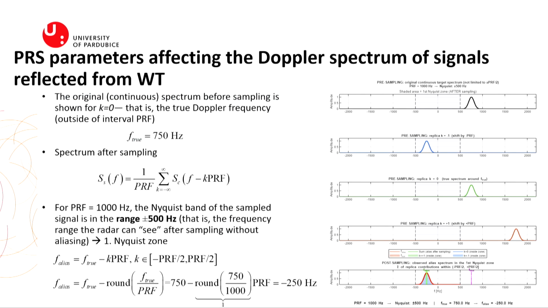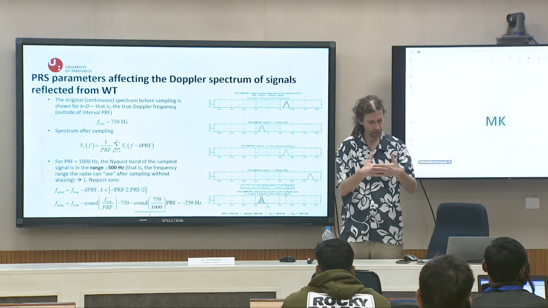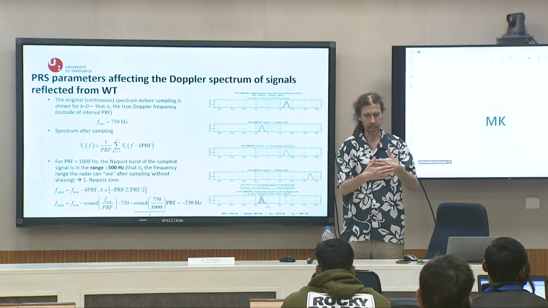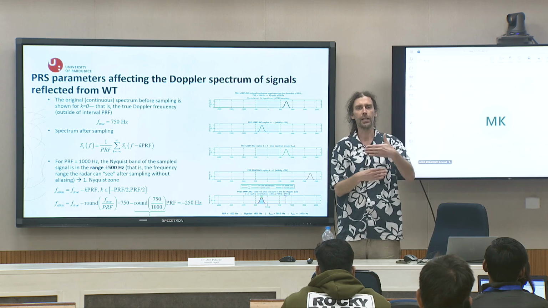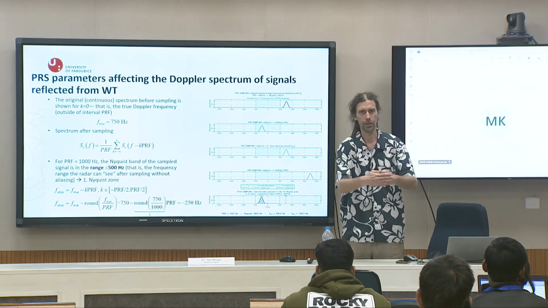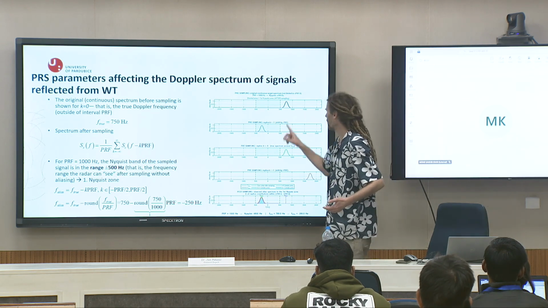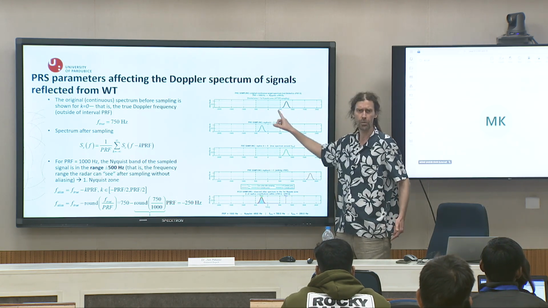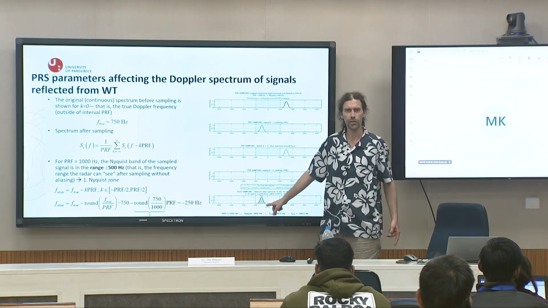Why? Due to this aliasing, our mitigation algorithm, which is derived from UKF filtration, a Kalman filter, tries to estimate where this maximum will be in the next step. So it will expect something around here, but due to aliasing, it will be there.